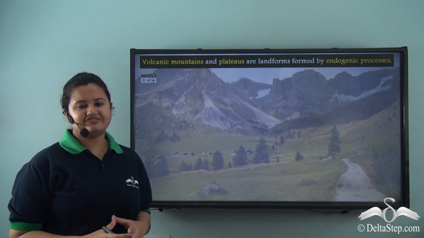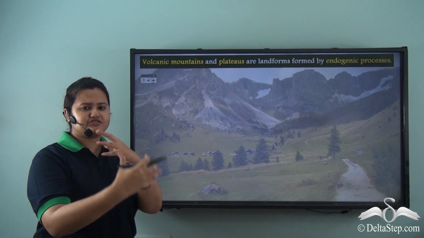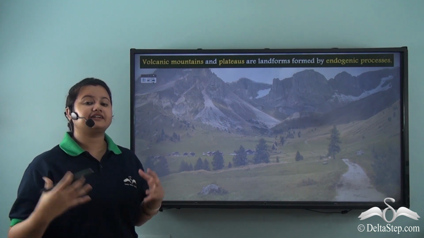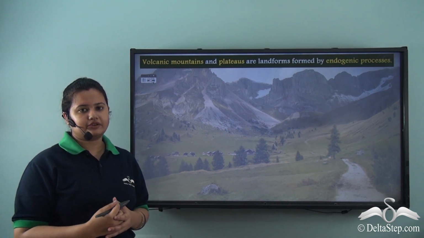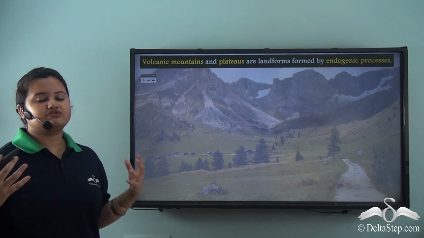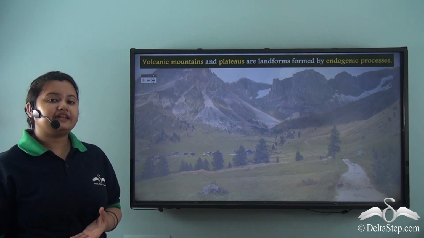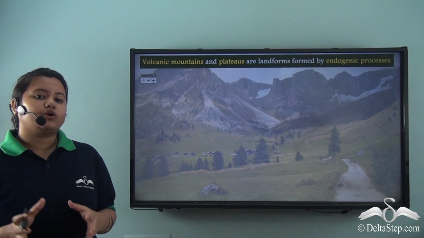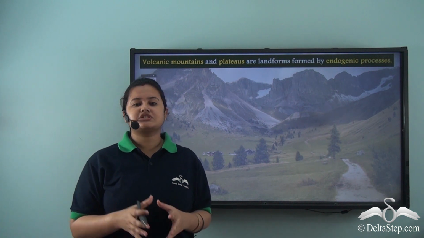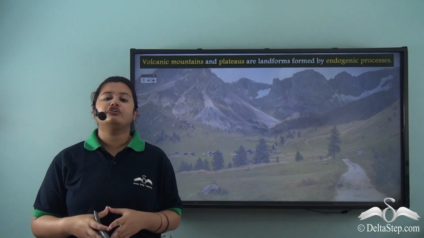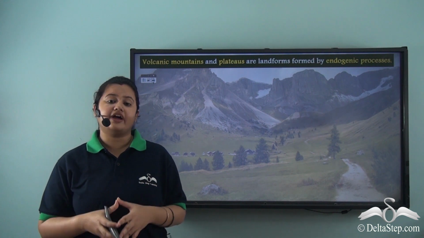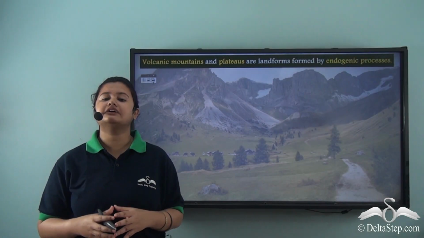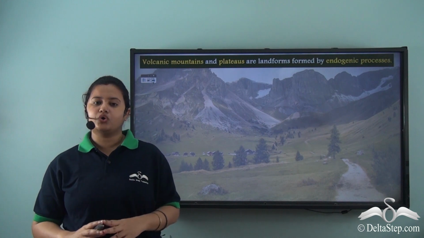So, in the previous video, we saw that there are various forces or various processes that are acting inside the Earth. And due to these various forces, we have volcanic eruptions. During volcanic eruption, lava flows out of a volcano. Now, on reaching the Earth's surface, lava gradually condenses as the Earth's surface is comparatively cooler.